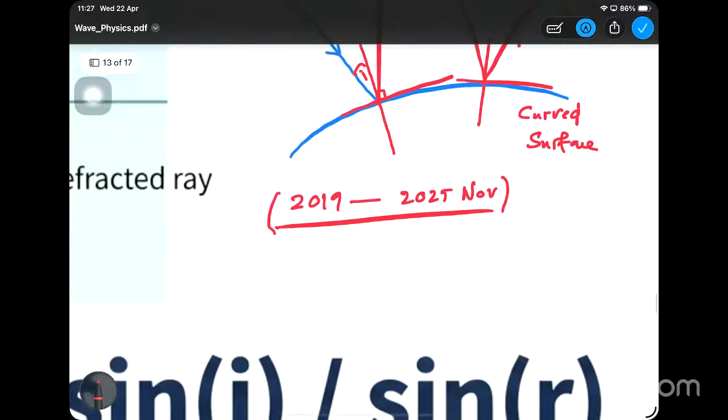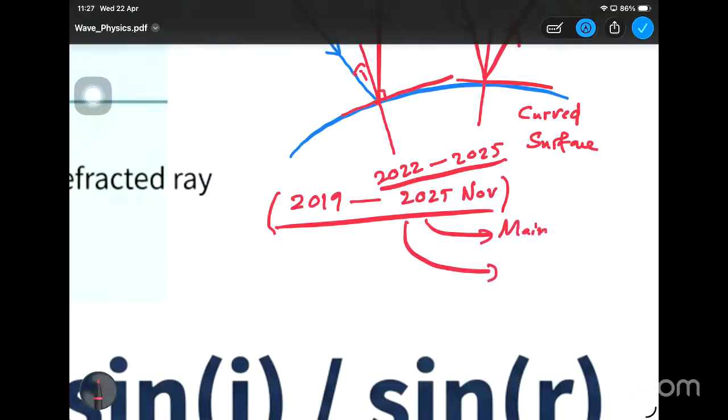Please pay attention to the papers from 2022 to the most updated one, 2025. Here you have Edexcel papers, both the mainstream paper and the regional ones, from 2023 to 2025, or 2024. Please refer to them. That is the crucial point.